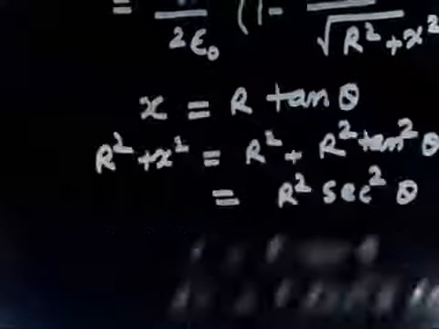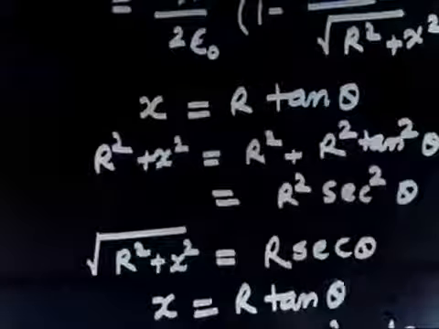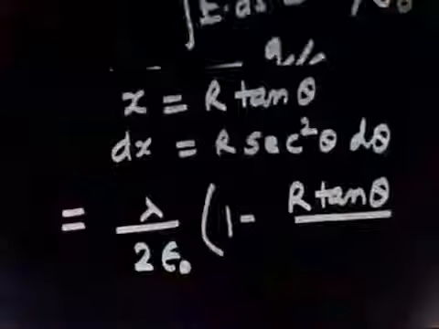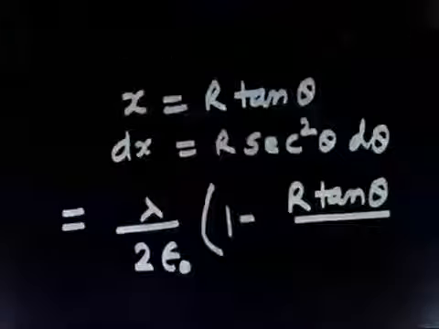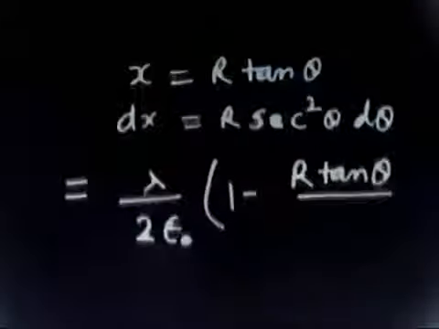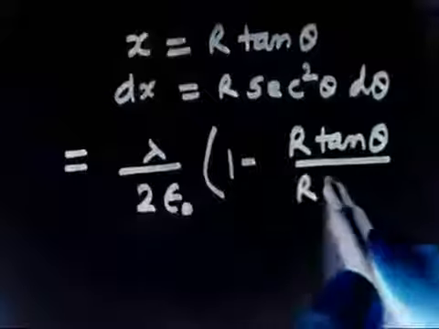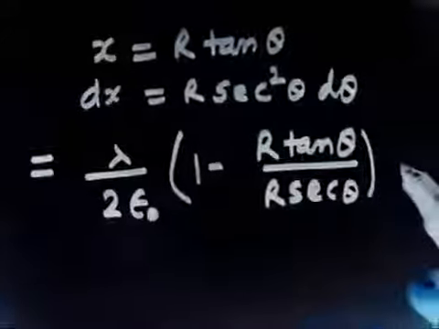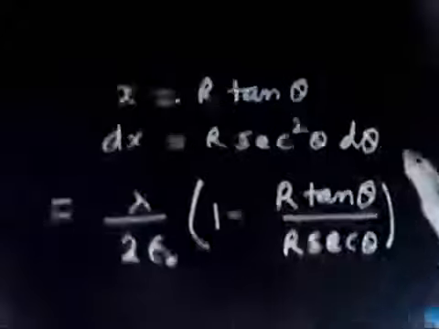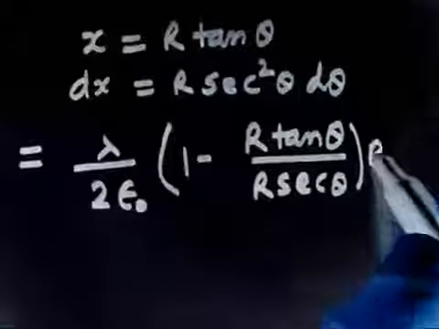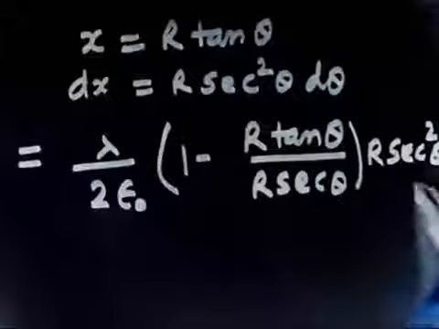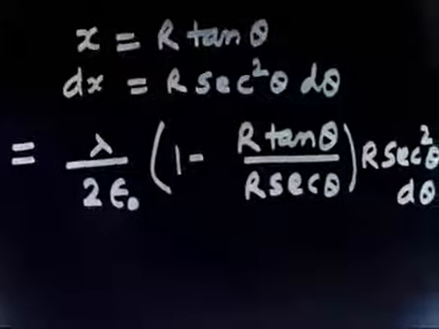And the root of this is r sec theta, so we plug the value r sec theta here. And what is dx? dx is nothing but, you see here, r sec square theta d theta.